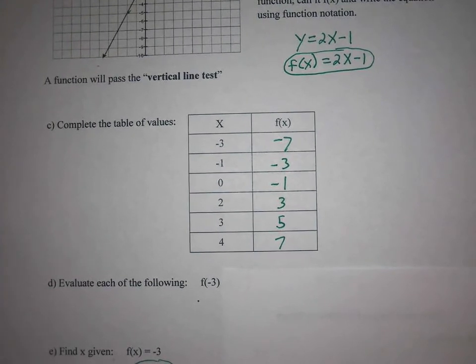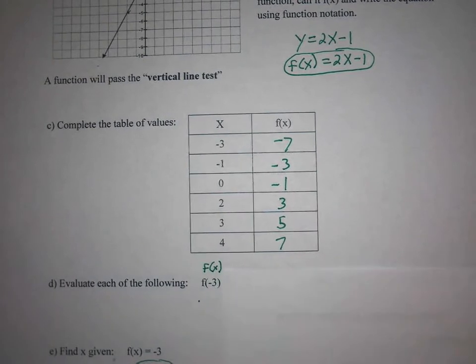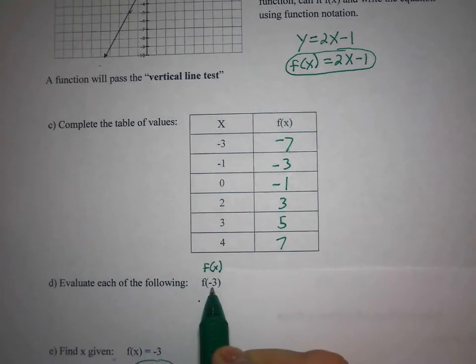So that shouldn't be too difficult to do at this point. Now we're going to look at using function notation with that table. And this is a source of confusion for many students. It says evaluate each of the following, f of -3. Well, remember, our function is f of x. So whatever you see in the parentheses is your x value.